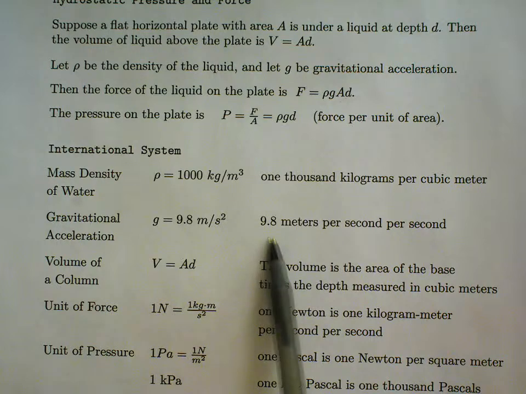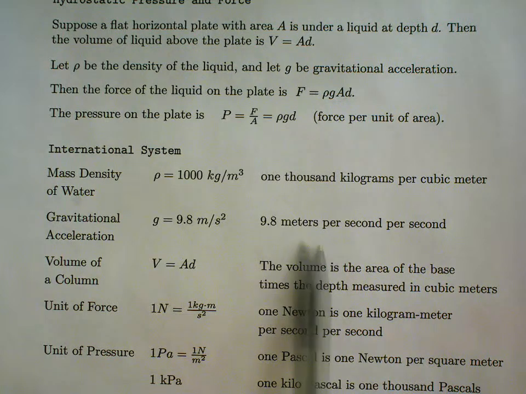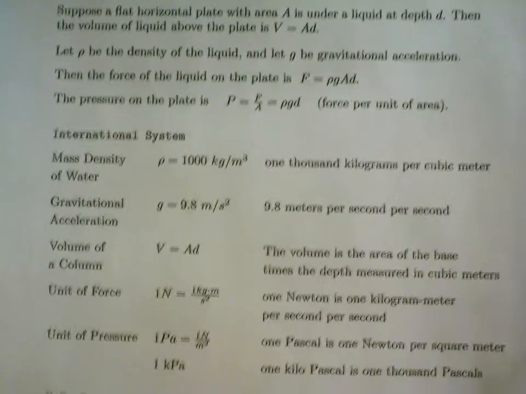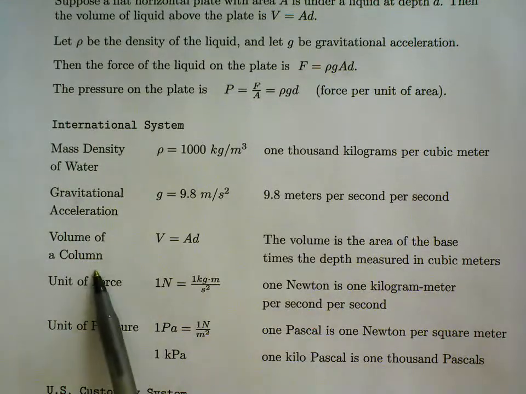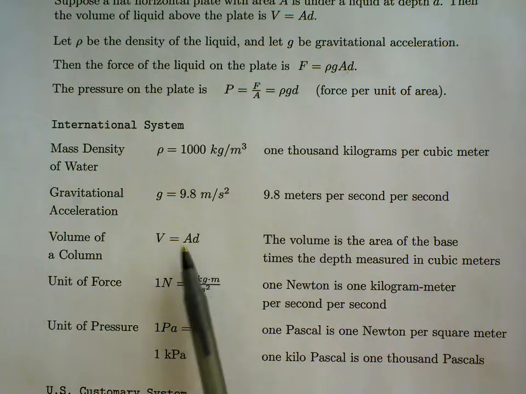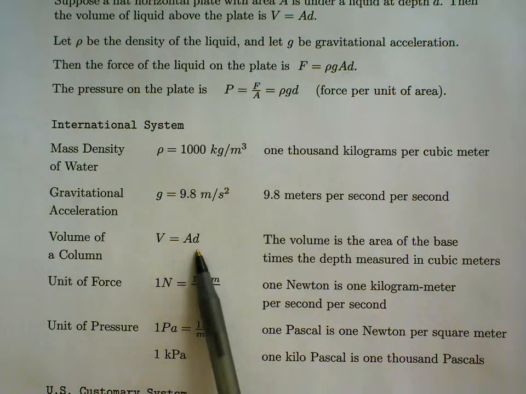That's the rate of change of the velocity. And the volume of a column of water is the area of the base multiplied by the depth, so A times D.